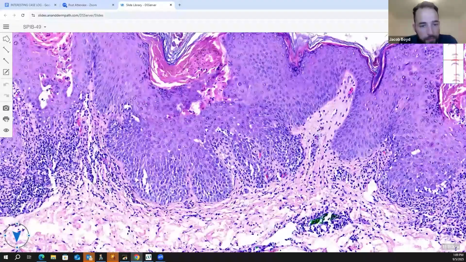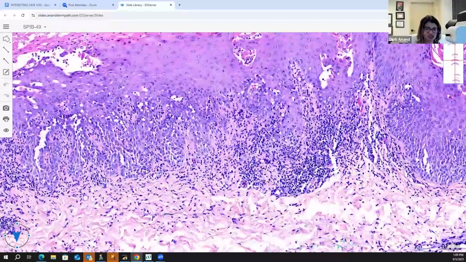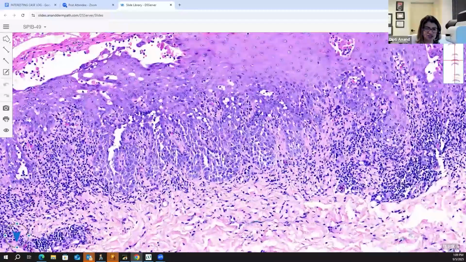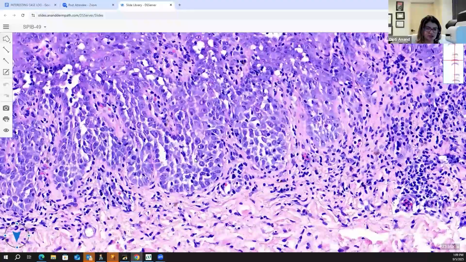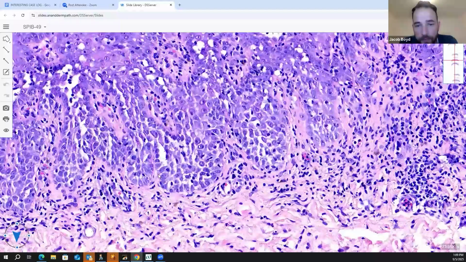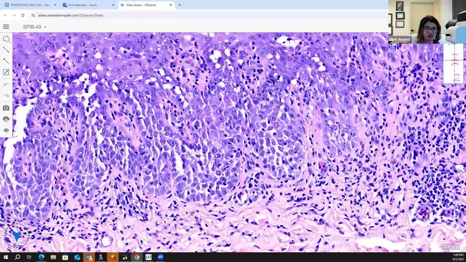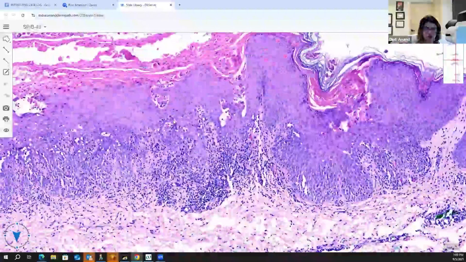At the DE junction, right? There is no vacuolar alteration at the DE junction. It's actually spongiosis, and the cells are falling apart. Do you see that? So it is not an interface process, it's an acantholytic process.